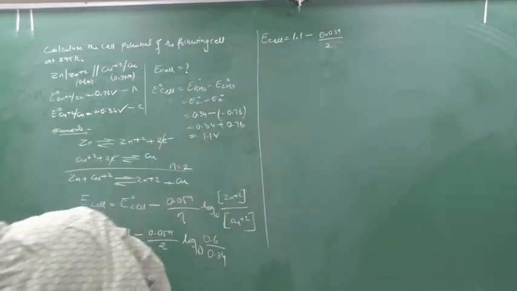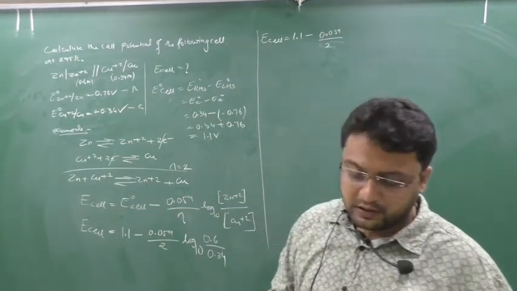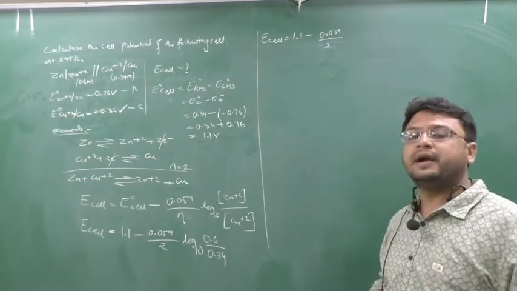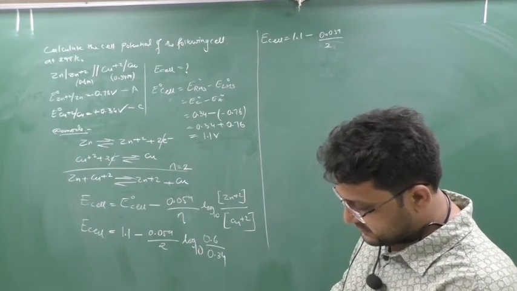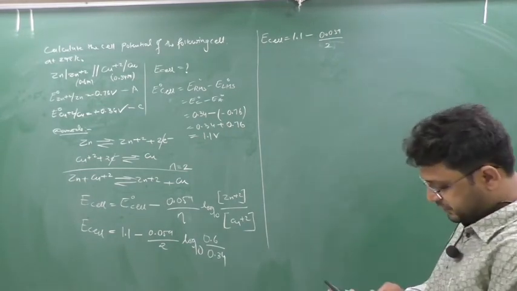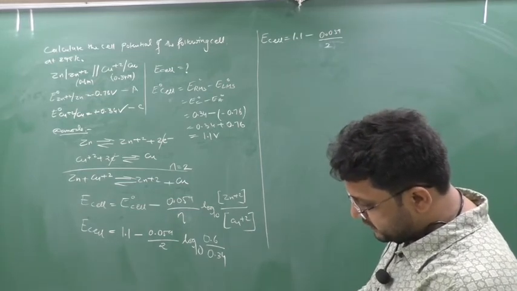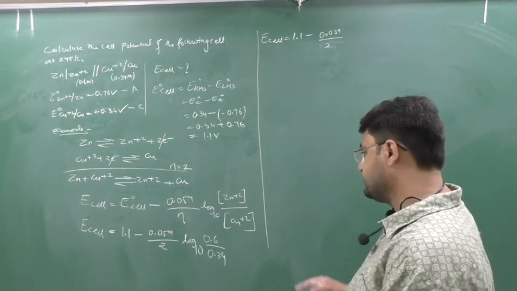Now, see how to solve here. First I will divide and then I will find the log. You can find the log from the log book. I will directly find it from the calculator and multiply also here. So, see here 0.6 divided by 0.34, sorry, this is 1.76. Now, log.